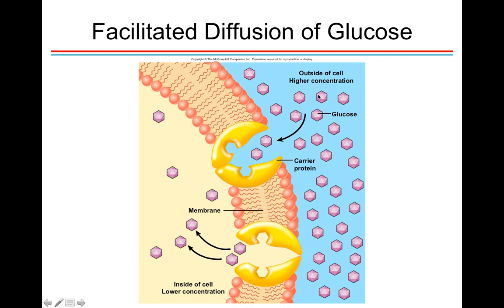So if we have more glucose outside the cell and less glucose inside the cell, glucose molecules can interact with the carrier protein. The carrier protein will basically detect the glucose and then close on this side and open on the other side, letting glucose passively enter the cell, following its concentration gradient. This does not require ATP. It is just diffusion mediated.